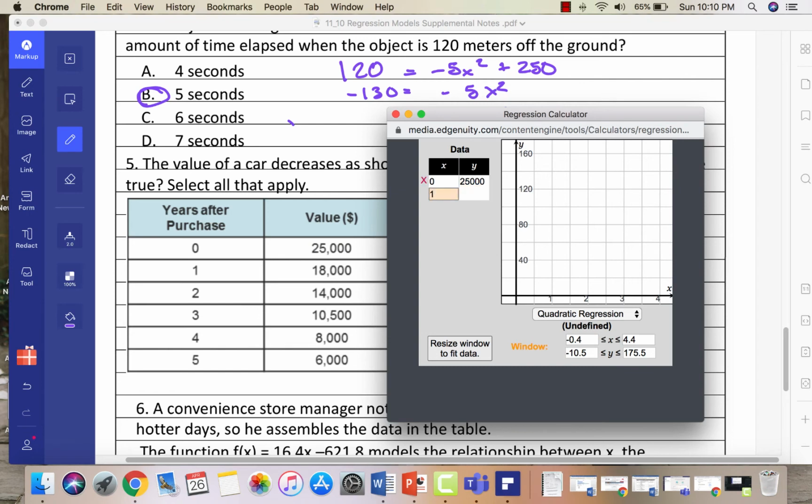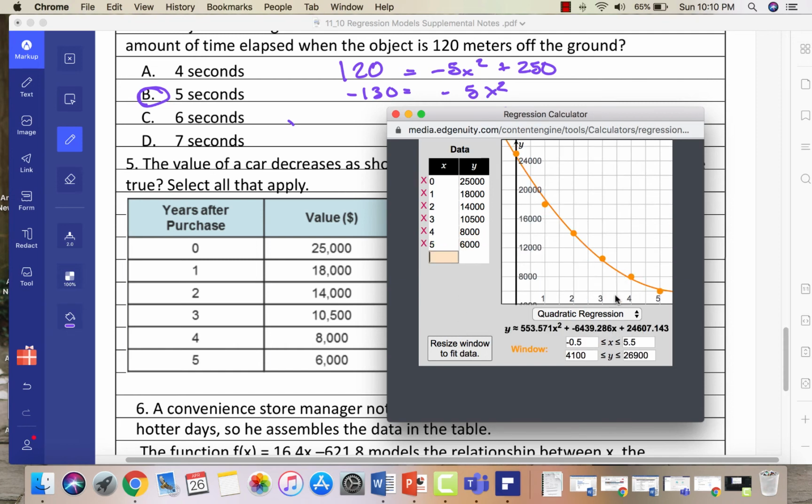Then we have 1. And 5, 6,000. Remember that we're going to resize to fit the data.